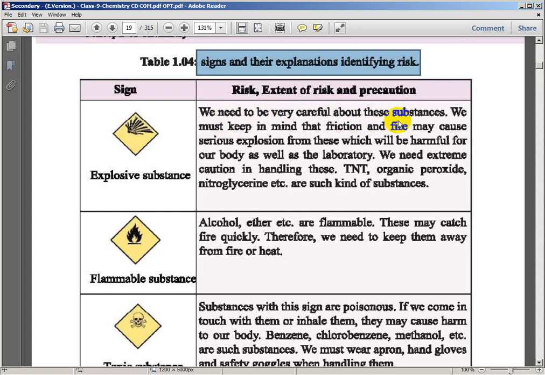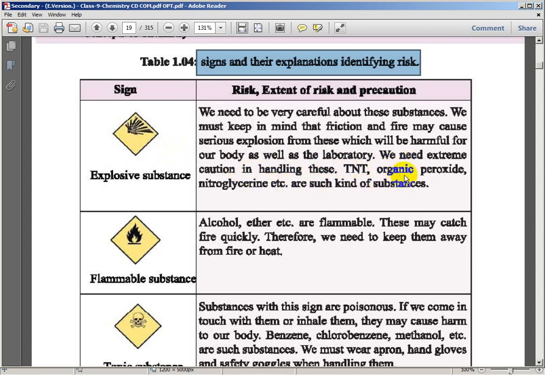Any friction and fire may cause a serious explosion, which will be harmful for our body as well as the laboratory. So we need extreme caution in handling these.